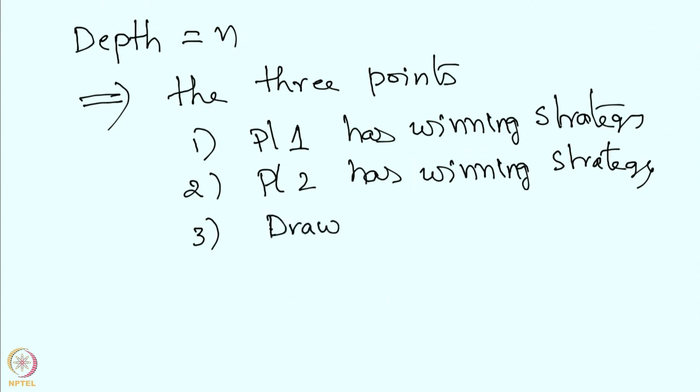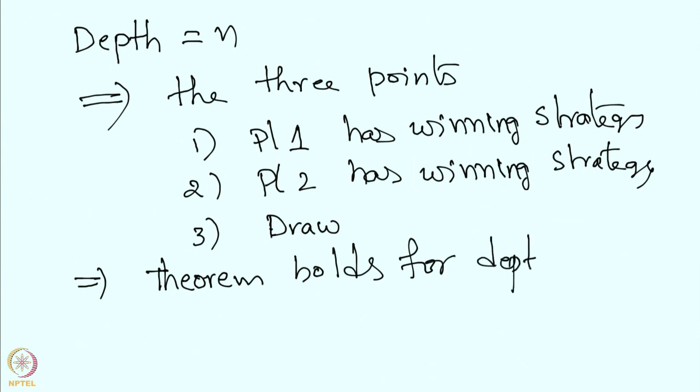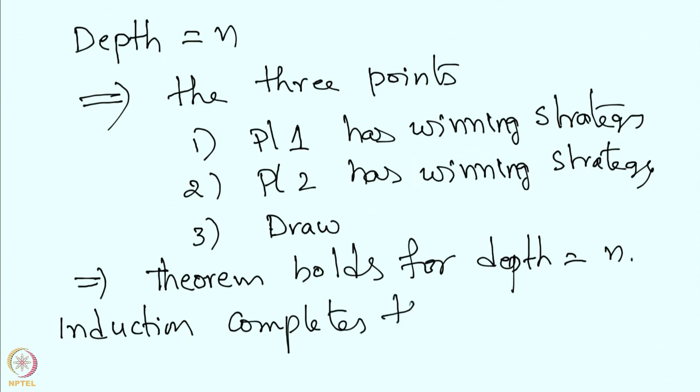So one of these 3 holds for T1, T2, Tk, and hence for depth equal to n. The theorem holds for depth equal to n. This now completes the proof of the theorem.